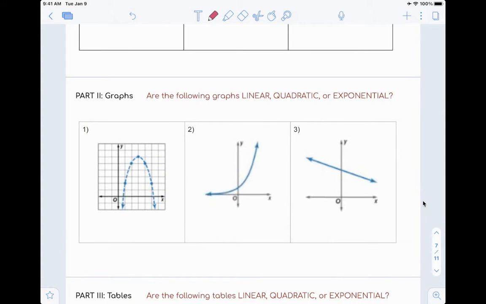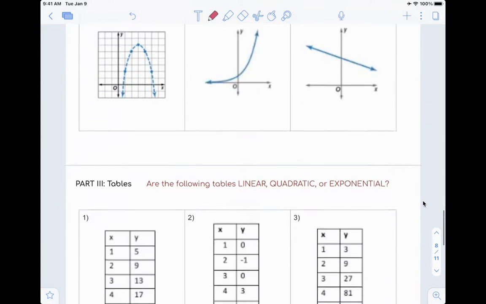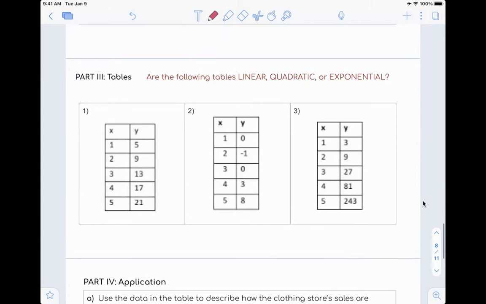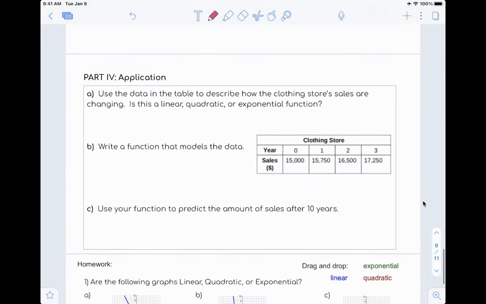In the second part, when you're given a graph, to identify what type of function it is. In the table, again, you're looking for the finite differences, or you're looking for a ratio to determine what type of function it is. And the application problem is the one I actually want to do with you.